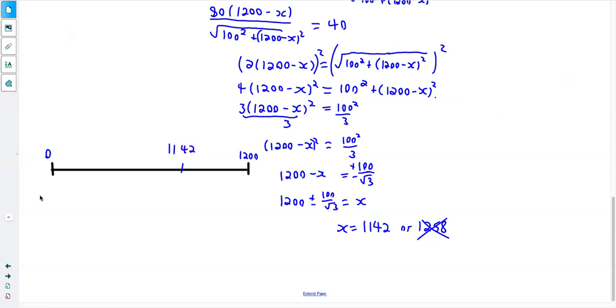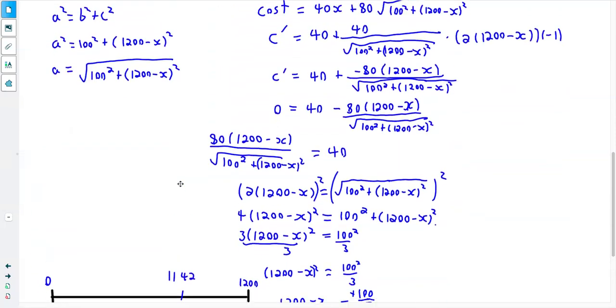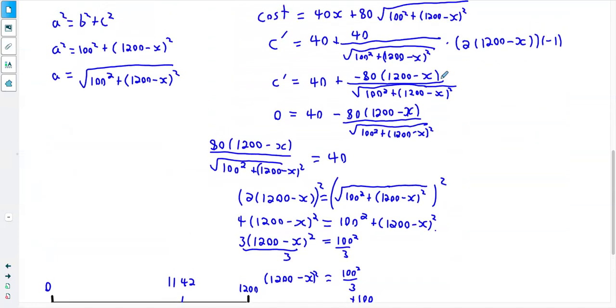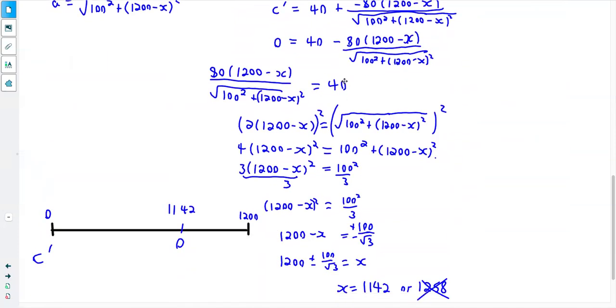And if we look at C prime and substitute a value in less than 1,142, so something like 10, if I was to substitute 10 into here, I would have a negative times positive, and adding the value in front, that would give me a negative.